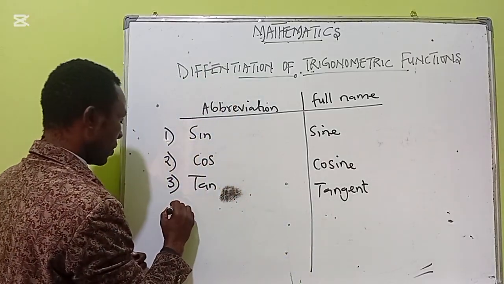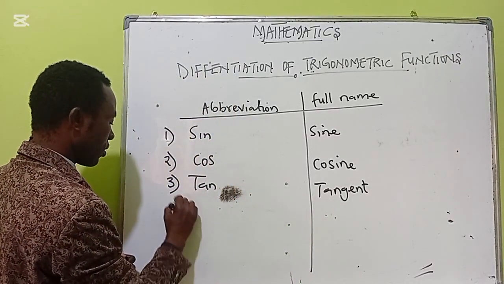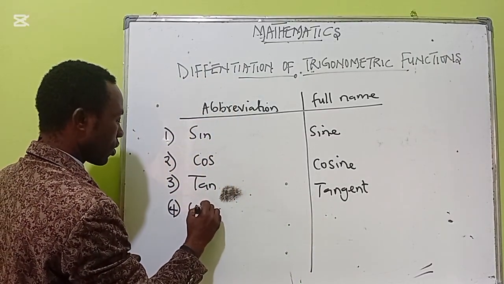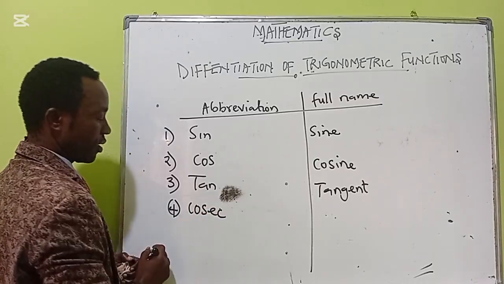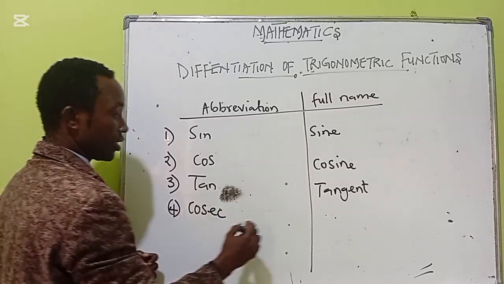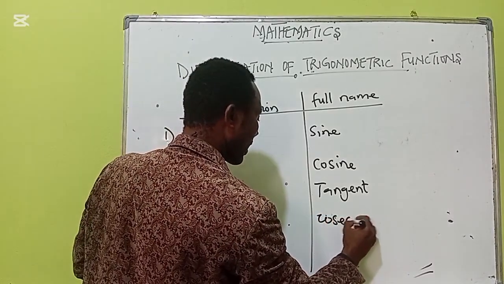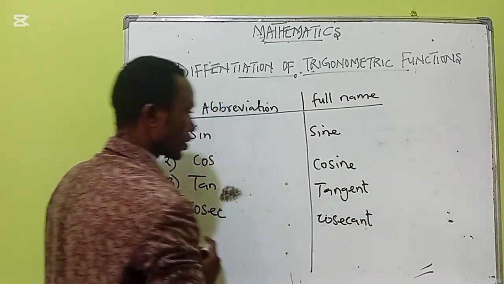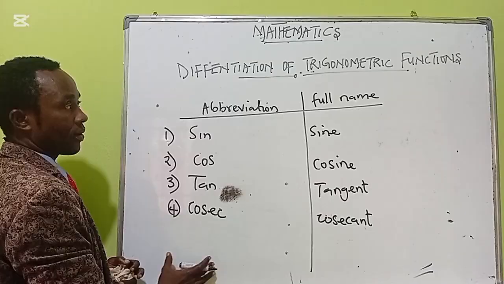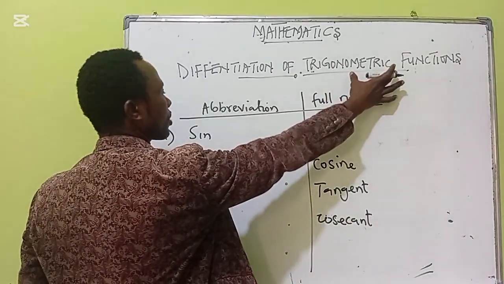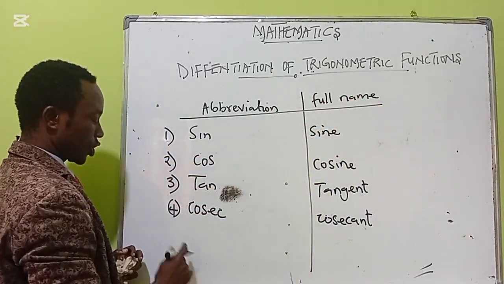Then number 4, we have cosec, which is written in full as cosecant. What I'm listing now are trigonometric ratios or functions.